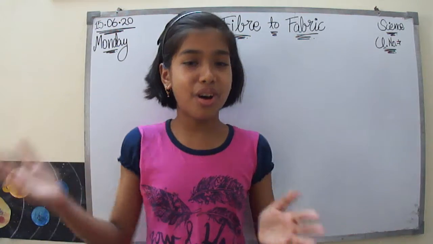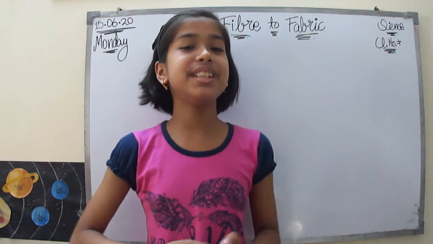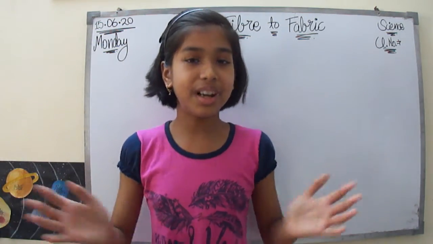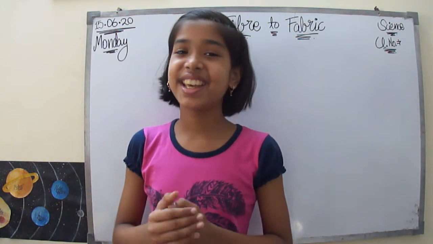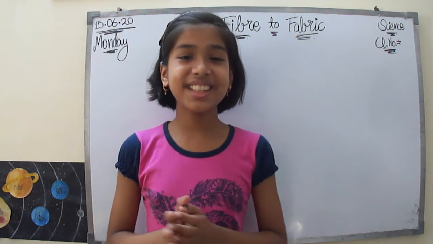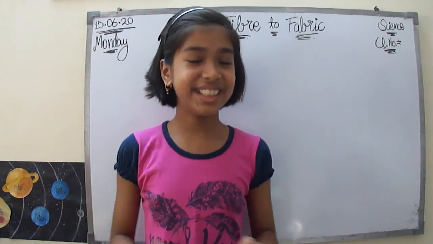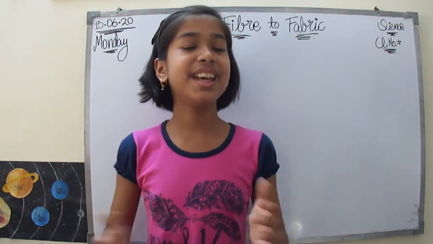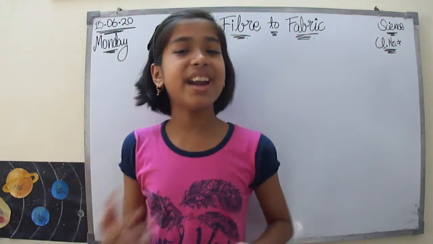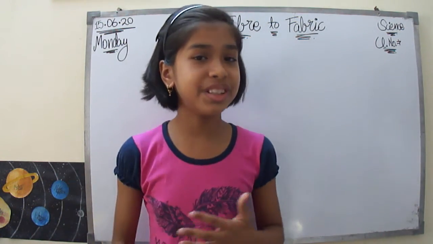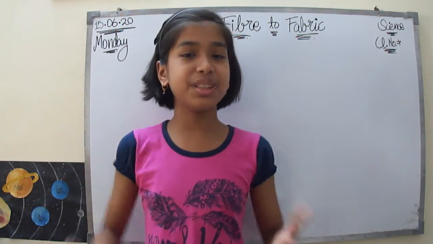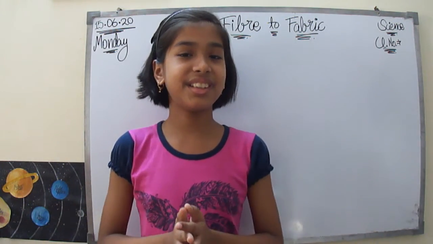Let me tell you in order. Firstly, the spinning came in the world. And do you know about the takli and the charkha? Yes, those were invented in India. Then after that, the weaving came. And as I had already told you, the Egyptians used to wear linen.